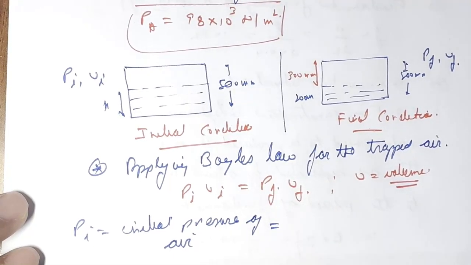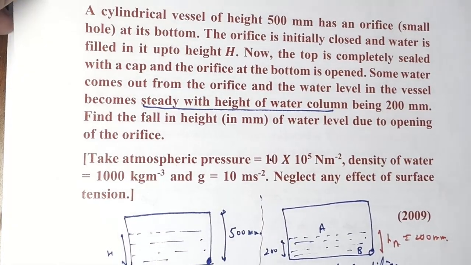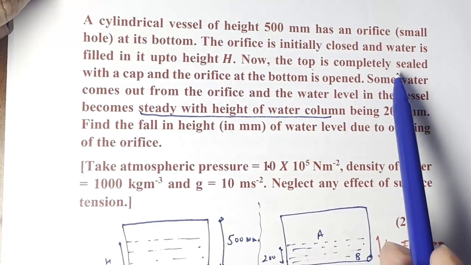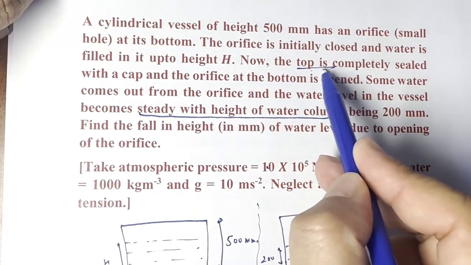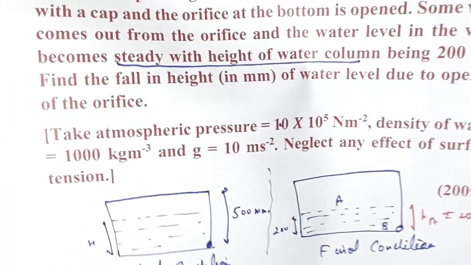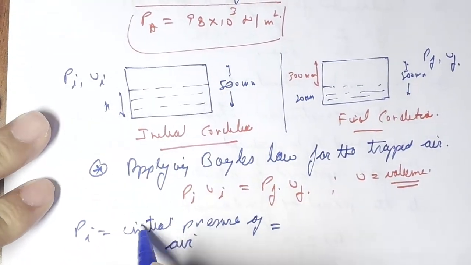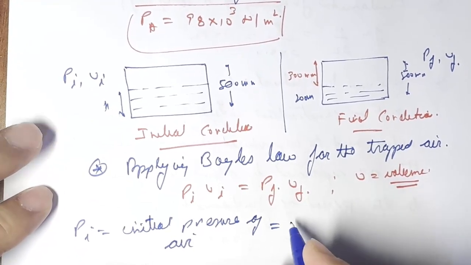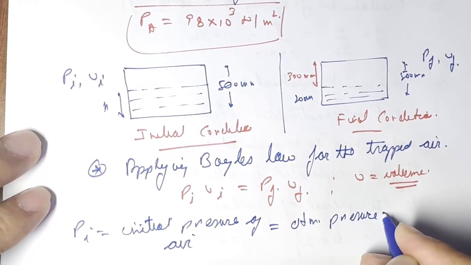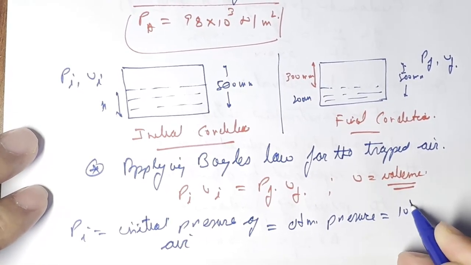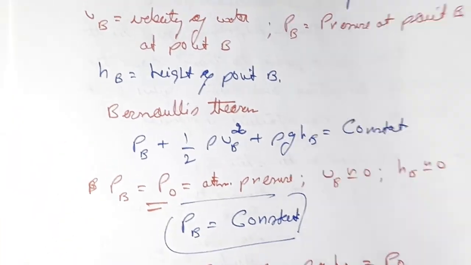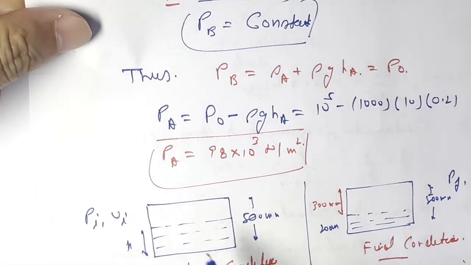In the question itself it is mentioned that the orifice is initially closed and water is filled up to a height h. Now the top is completely sealed with a cap. So this portion will have air at only atmospheric pressure. So Pi, the initial pressure of the air, will be equal to atmospheric pressure, which is given as 10⁵ Newton per meter square, and Vi is our initial volume.